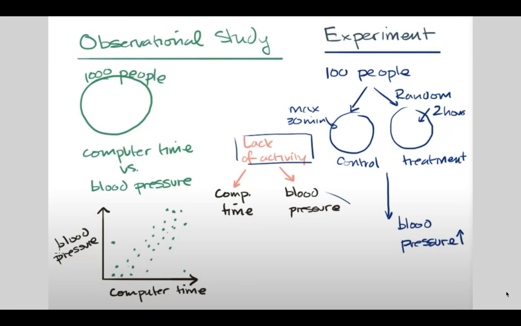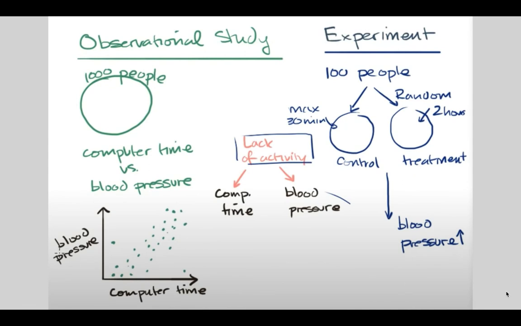Suppose we have a sample of 1,000 people. And we're curious how people's computer time relates to their blood pressure. All right, we might ask them how much time they spend on a computer. We might record their blood pressure. There's not going to be independent or dependent variables here because we're not measuring causation.